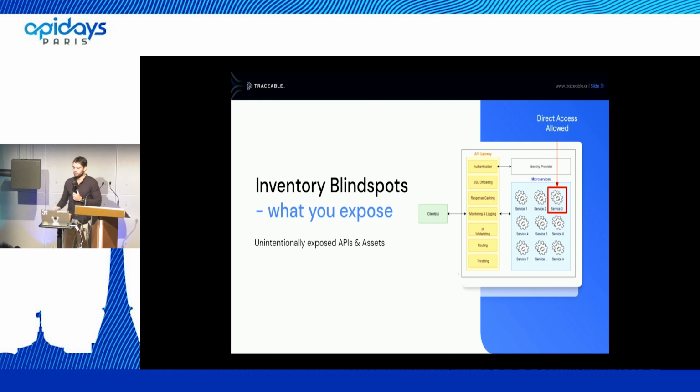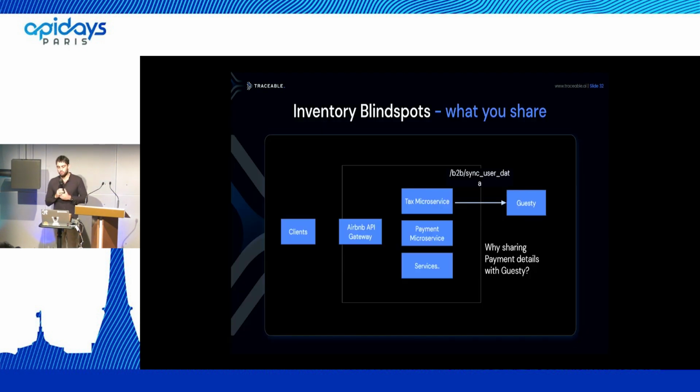Sometimes on top of that, you can see that developers expose internal microservices to the internet that shouldn't be exposed publicly. And the last type of inventory blind spots is that you have some data flow. For example, Airbnb has partners. So if you're a host, you can manage your Airbnb account using different applications that work together with Airbnb. One of them is Shkedy, and it helps you to manage taxes and other stuff when it comes to the Airbnb host.